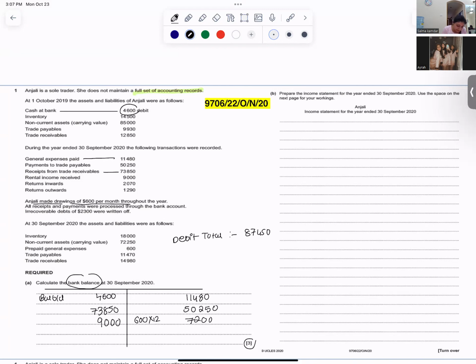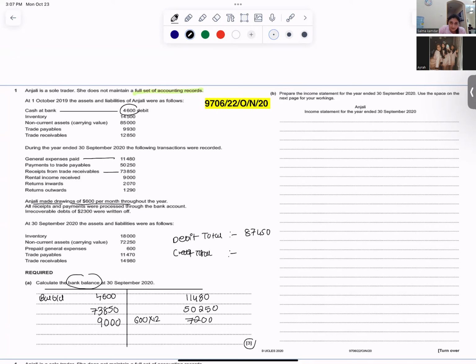Yeah, what is the credit total? You minus it. Wait. Are you getting 18,520? 18,520 is the difference between both of them.